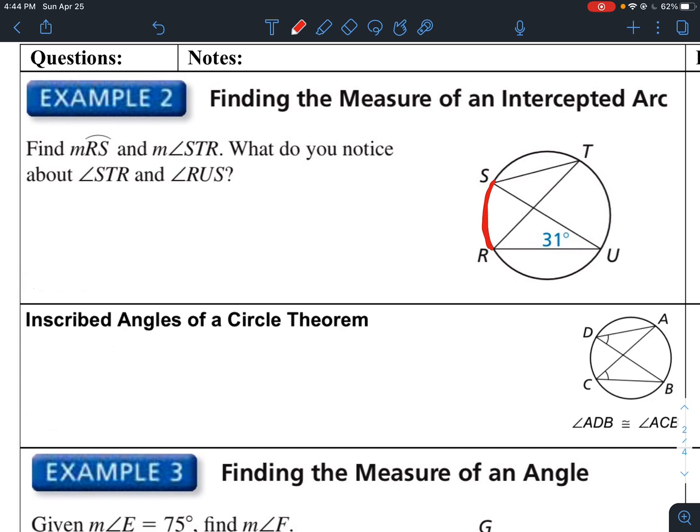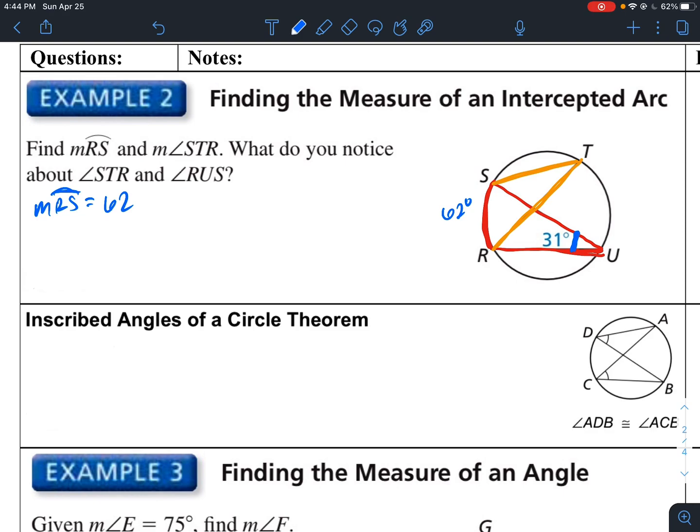Now this is an inscribed angle for this angle right here, but also notice that it is an inscribed angle for these two sides right here. So these two sides share the same intercepted arc. So if this is 31, well, this one has to be 62 degrees. So measure of arc RS has to be equal to 62 because this angle right here is 31.